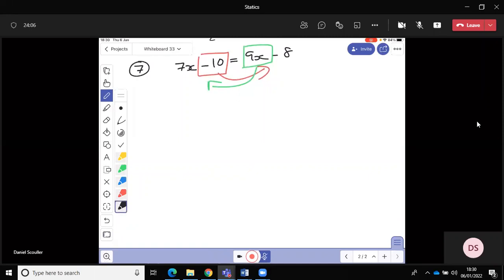You can do it one at a time. 7x minus 9x: it's positive on the right hand side, so when it moves over to the left, it becomes negative. That negative 10 becomes positive. So negative 2x equals positive 2.